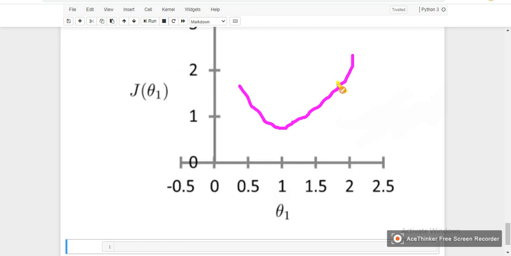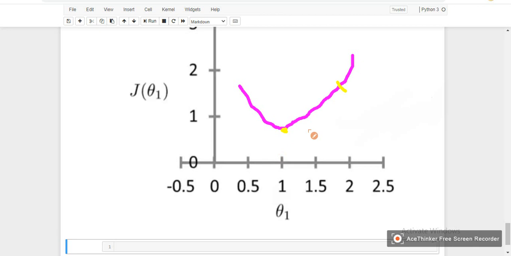From here this model has to get down to where the minimum cost lies, so the model has to move from here to here. In that way it has to tune its parameters.